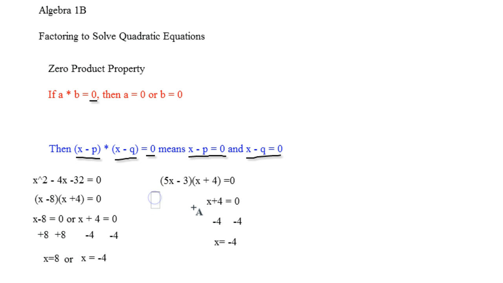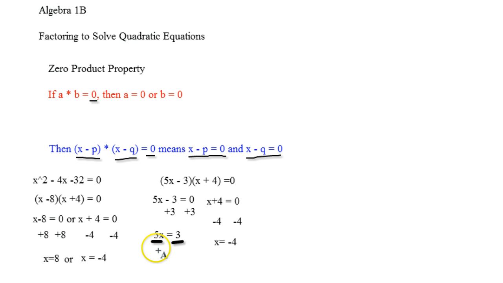So to solve this problem, when you come across something that looks like this, it looks a little scary, but if you just set it equal to 0, it's a simple two-step equation. So we add 3 here, we add 3 here, okay, and we get 5x equals 3. Alright, and then we divide both sides by 5.